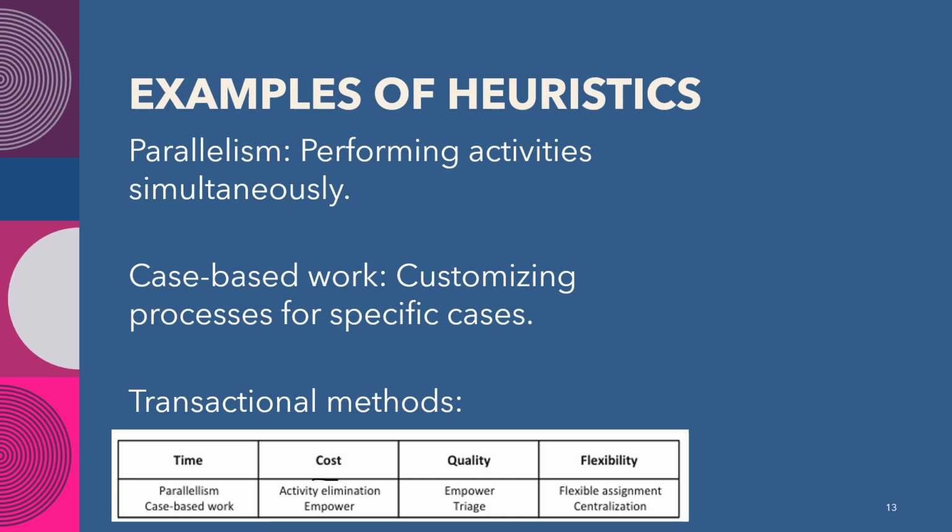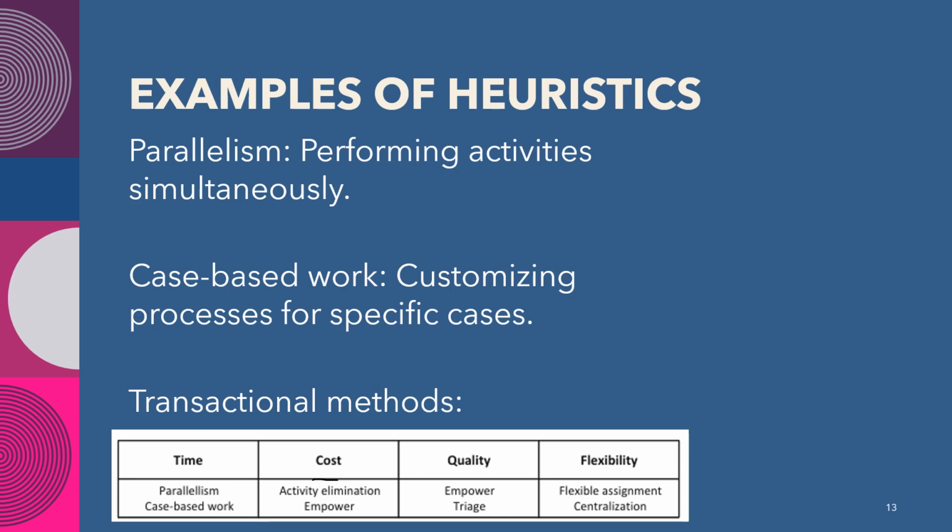In this slide, we can see a few examples of heuristics. Examples of heuristics include parallelism, where activities are performed simultaneously, and case-based work, which customizes processes for specific cases. Parallelism can significantly reduce process cycle times by allowing multiple tasks to be completed at the same time.